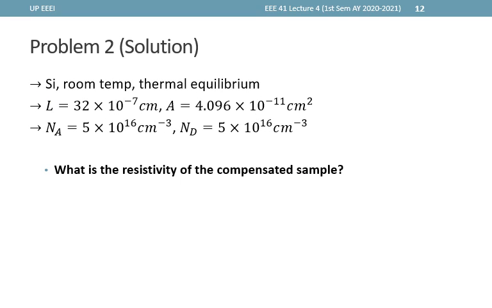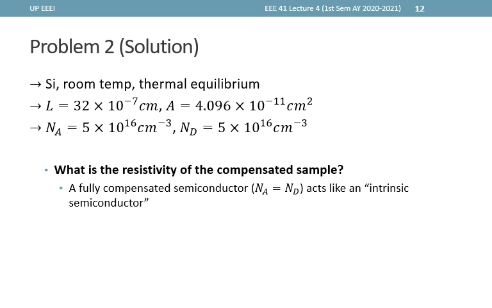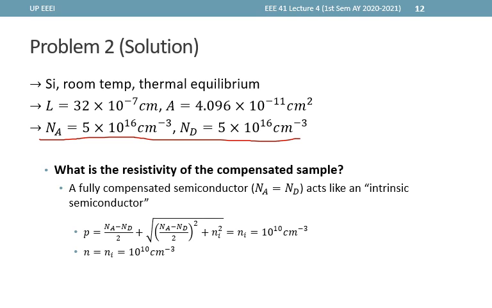So looking back, we computed the resistivity as 1 over q times mu n n plus mu p p. We already know q, but now what is n and p? If we have a fully compensated semiconductor, since Na is equal to Nd, then the fully compensated semiconductor simply acts like an intrinsic semiconductor, where n is equal to p is equal to ni.